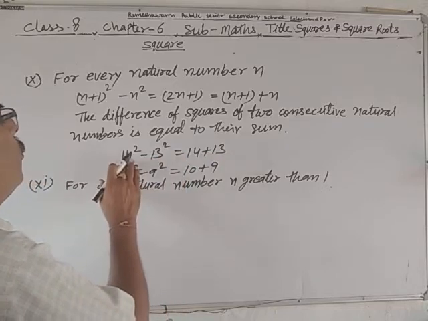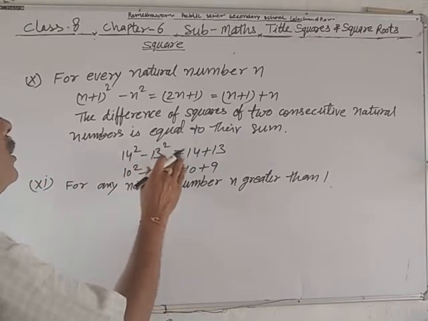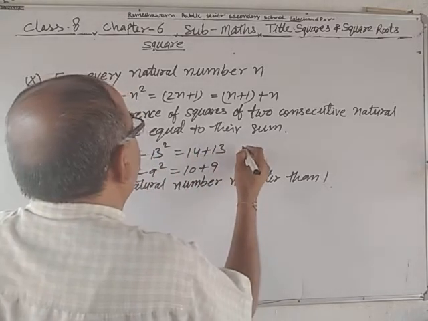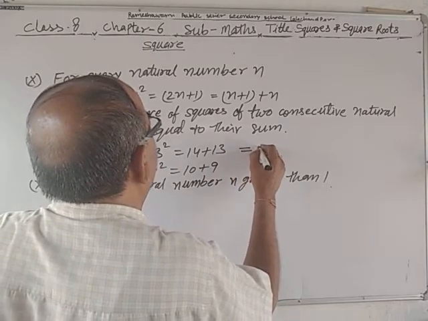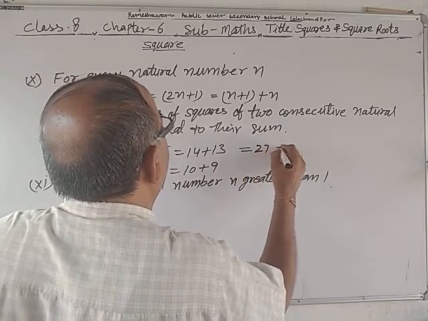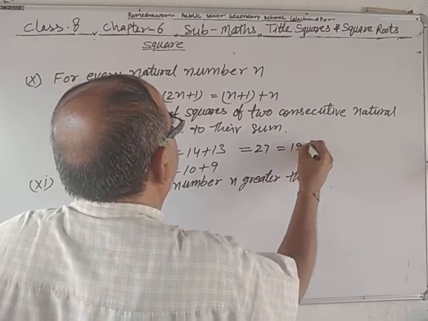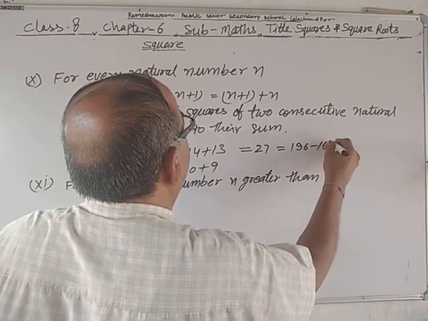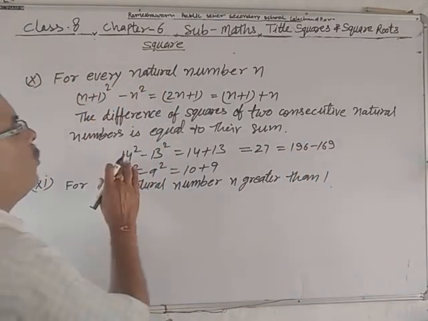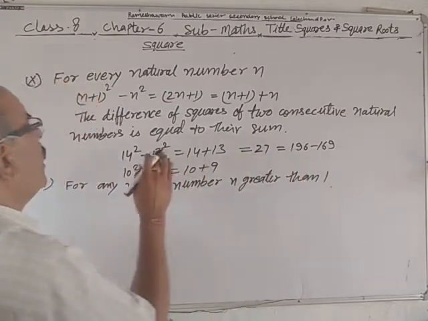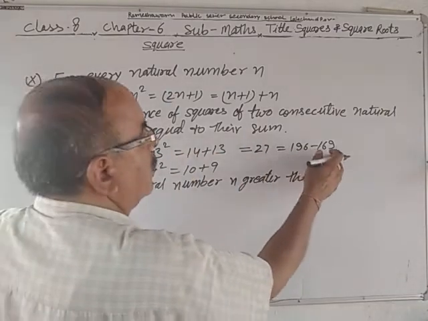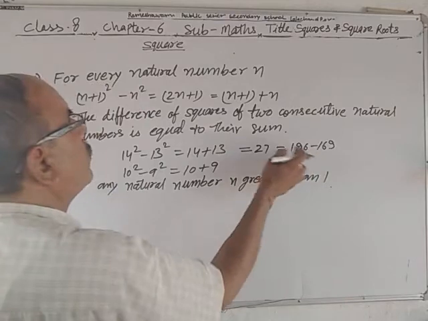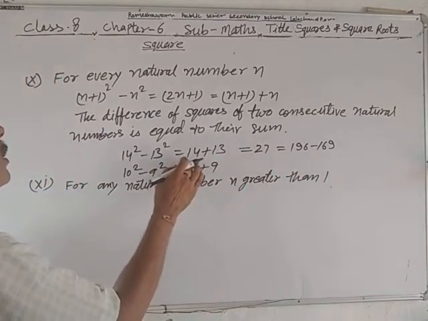The difference of 14 square minus 13 square equal to 27. It means 27 equal to 196 minus 169. The square of 14 is 196 and the square of 13 is 169. The difference is 27. It is the sum of two natural numbers.